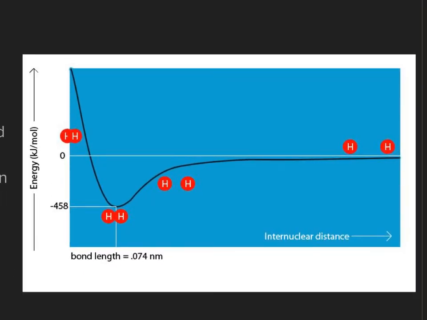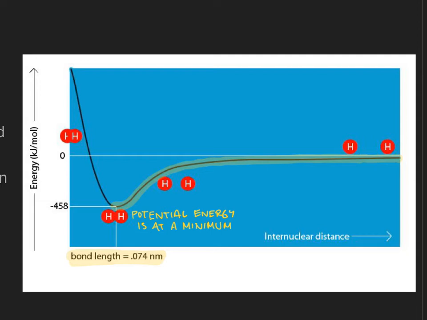And looking at the diagram that we've got here on the right-hand side, you can see that as the two atoms come closer together in terms of the internuclear distance, the potential energy of the system is decreasing to a minimum, which occurs when those two nuclei are approximately 0.074 nanometers apart from one another. And that distance where the potential energy of the system is at its lowest is what we refer to as the bond length of that particular bond.